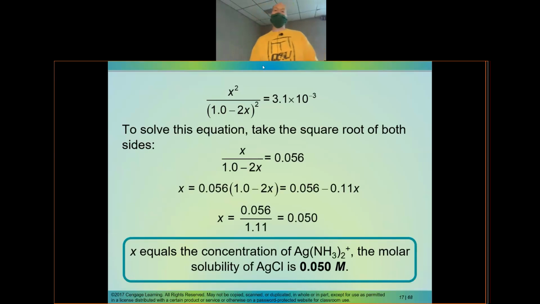All right, so again, they're taking the square root of both sides. They're using x instead of s. It doesn't matter. All right, and so they rounded their numbers more than I left all my numbers out there. So when they took the square root, then they multiplied both sides by 1 minus 2x.